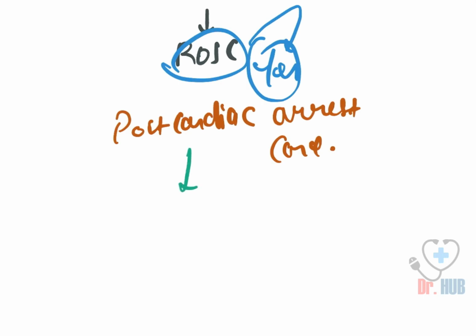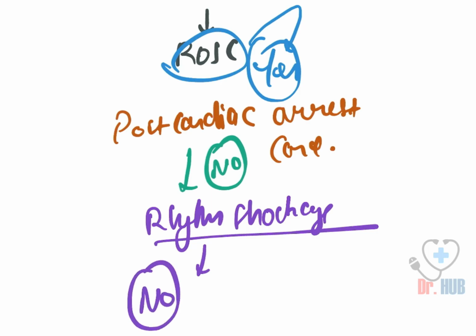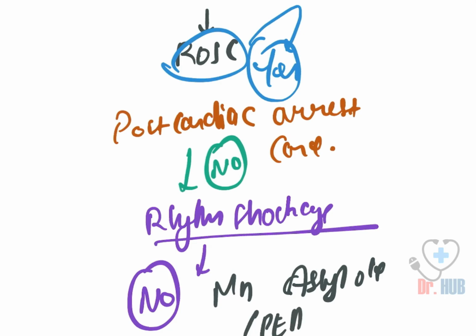In case the answer is no, there is no return of the spontaneous circulation, so we again check if the rhythm is shockable. If the answer is no, it is not shockable, then we return to the management of the asystole or the PEA.